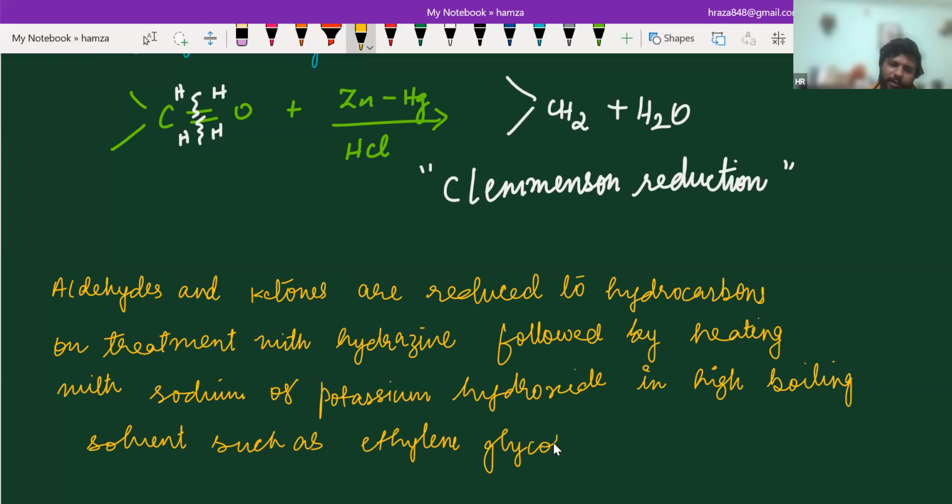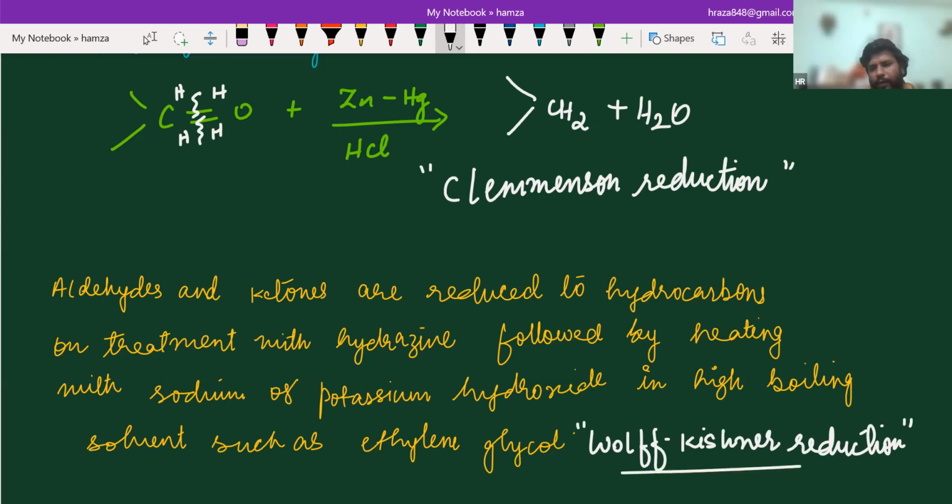This is known as Wolff-Kishner reduction. I'll give an example of this as well, so please do write it.